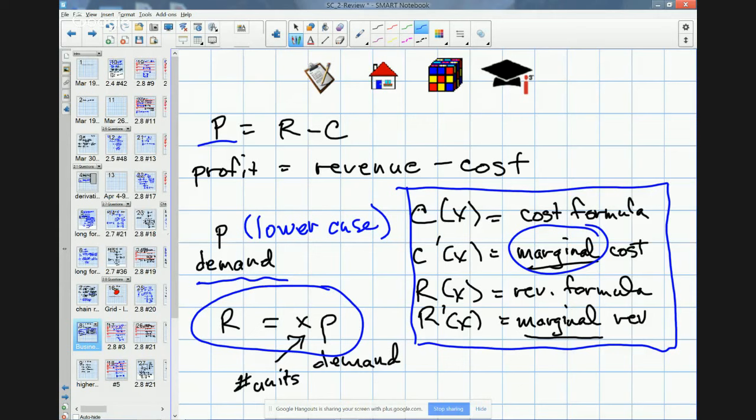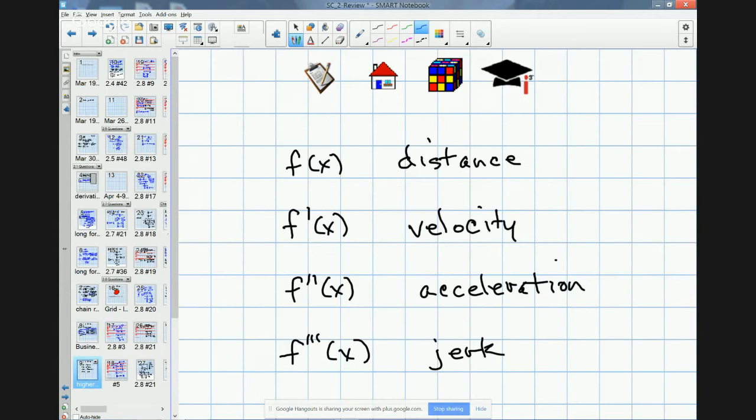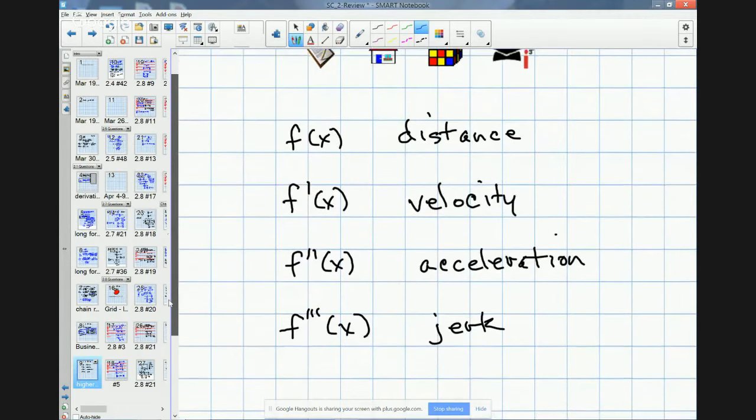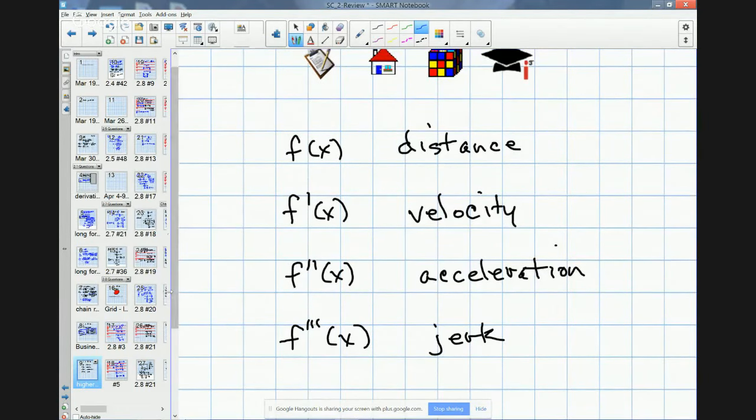Then I also have a slide with a reminder that when you do multiple derivatives, if it relates to physics or motion, the regular function is just the height or the distance. When you take the first derivative, you get velocity.